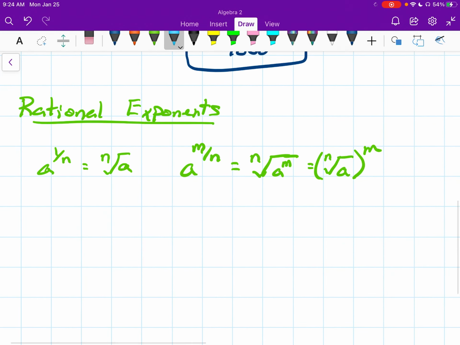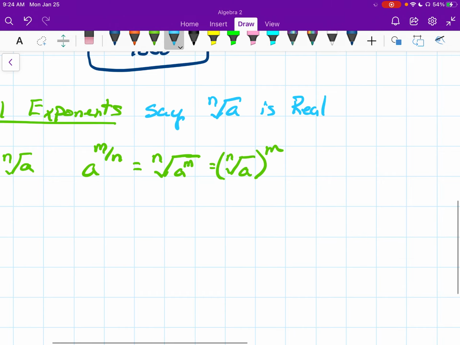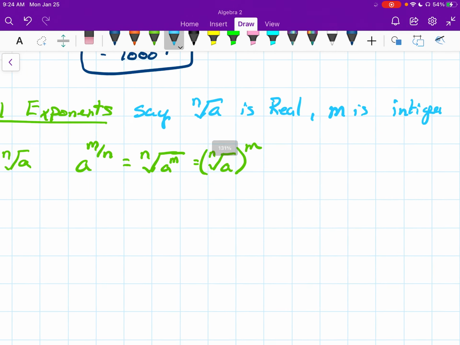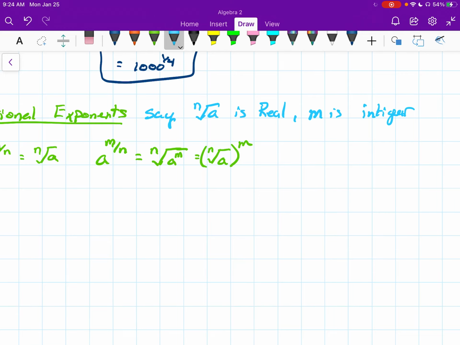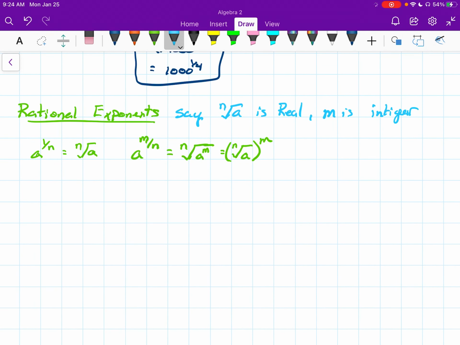In our theorem, we're supposed to have the caveat that we have to say the nth root of a is real, and then we're also supposed to say that m is integer. M is the exponent there, right? So you can't have a decimal in your fraction, is what that's trying to say. Yeah. So we're going to use this idea next.